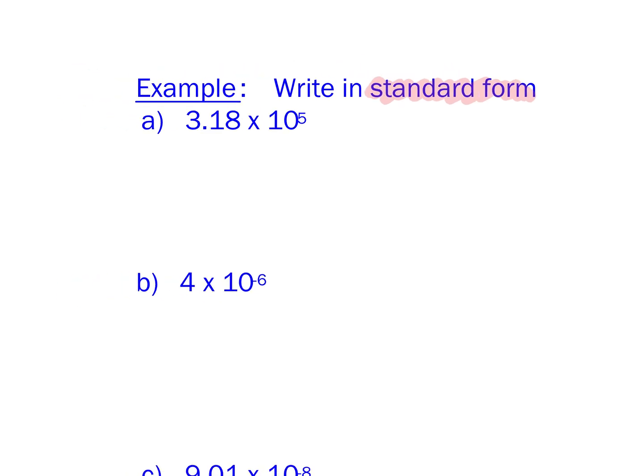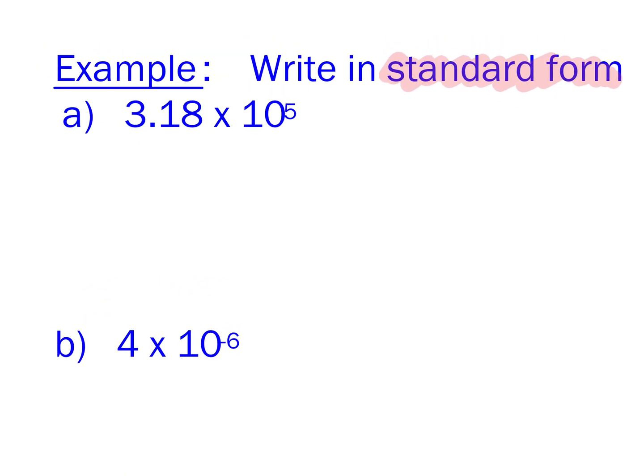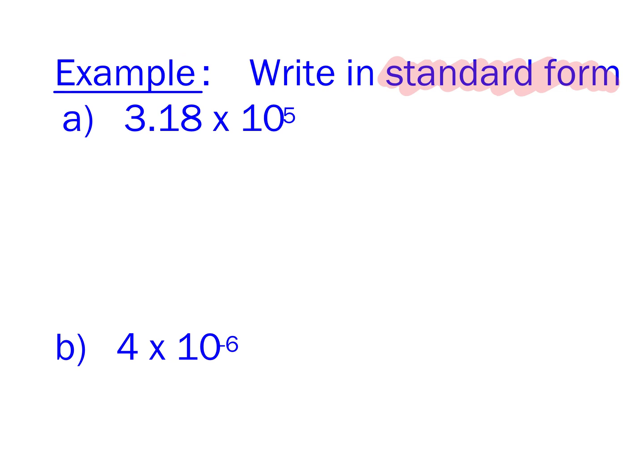So when we have 3.18 times 10 to the exponent 5, what I would do is write out 3, a 1, and an 8. Now, here's what we're going to do. We know that the decimal is here. But because the exponent's positive, we're moving to the right.